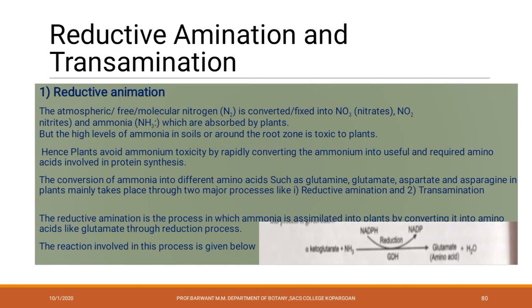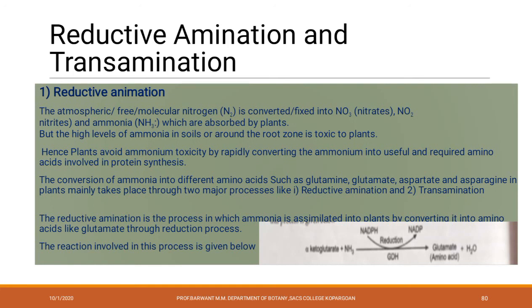Atmospheric nitrogen is fixed by different organisms or non-organism factors into ammonia. In plants, a large amount of ammonia is formed, due to which ammonia toxicity will take place. To avoid that toxicity in a plant, transamination and reductive amination take place.